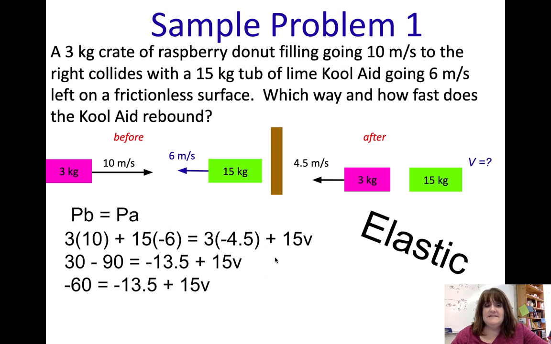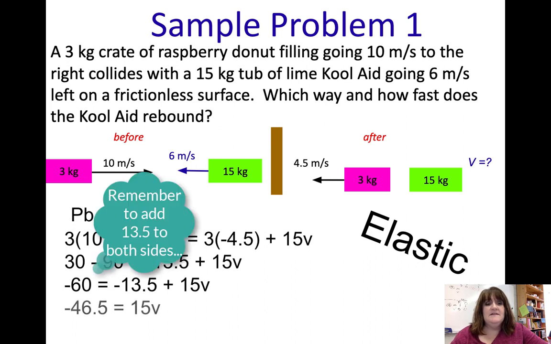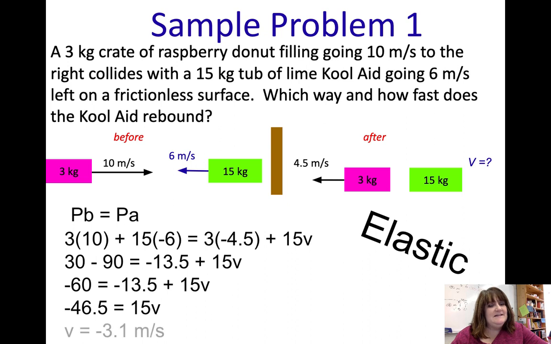Negative 60 is equal to negative 13.5 plus 15v. Negative 46.5 equals 15v. Divide by 15, and v will be a negative 3.1 meters per second.